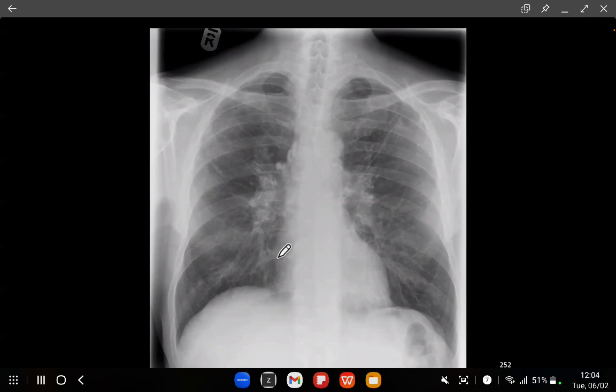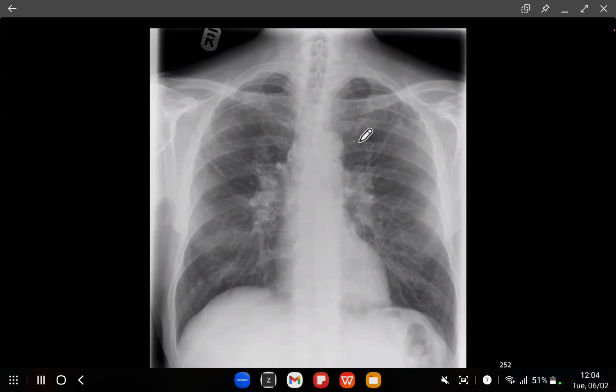Okay, the best example of eggshell calcification you will see on a chest X-ray. Eggshell, eggshell, eggshell. And there is a differential diagnosis for this. Could be due to silicosis, could be due to sarcoidosis, and you just need to look at other features.